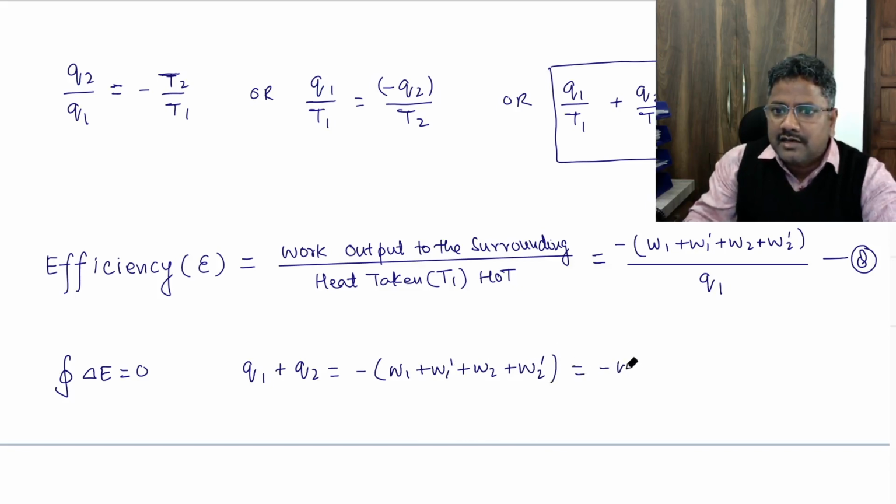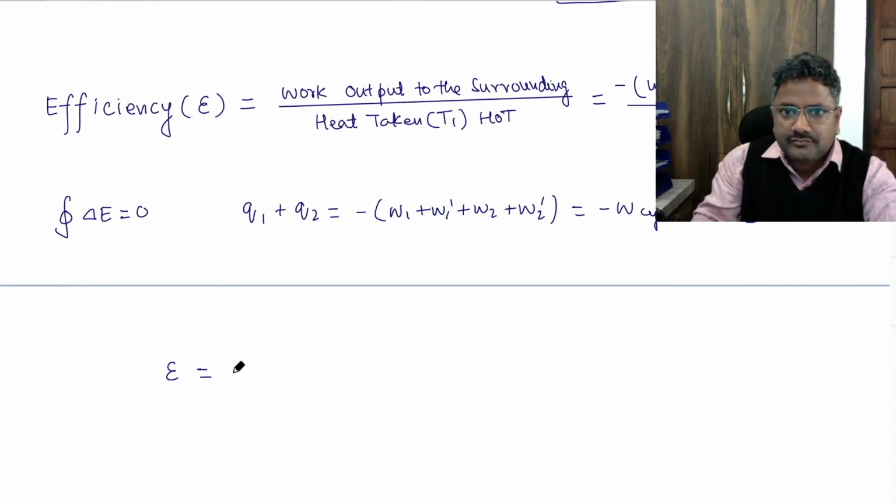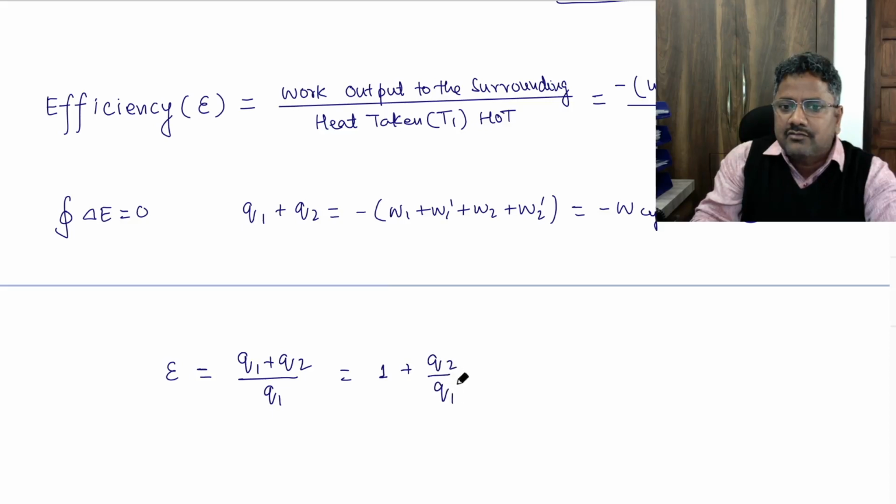Or minus of W in the complete cycle. This is equation 9. So efficiency of heat engine is equal to minus W by Q1, which is equal to Q1 plus Q2 by Q1, so this is equal to 1 plus Q2 by Q1.